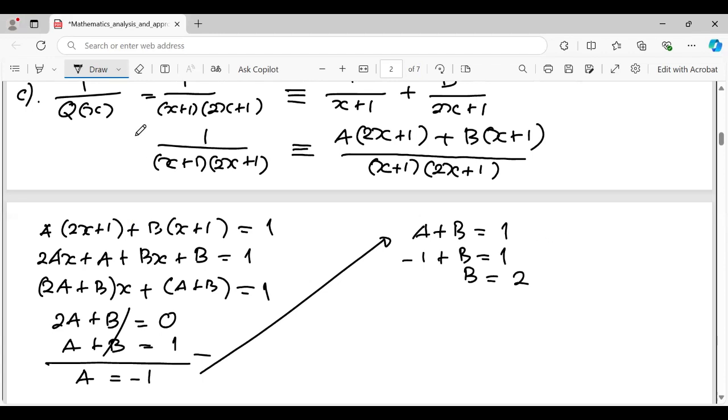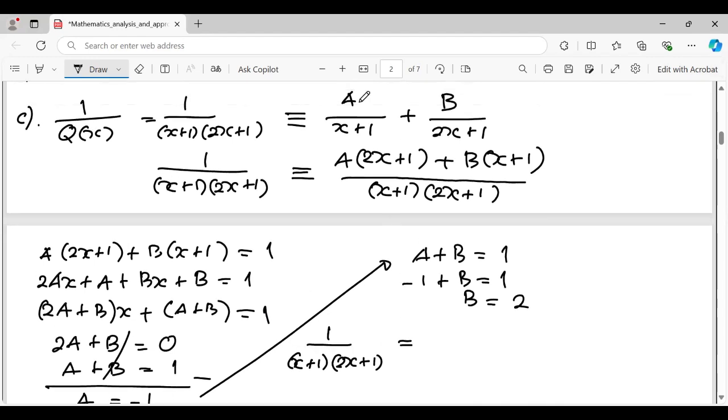So it means 1 over qx, okay, 1 over x plus 1 times 2x plus 1 equals 1 over x.